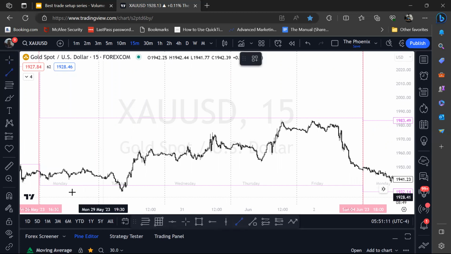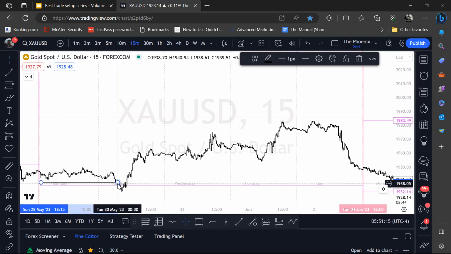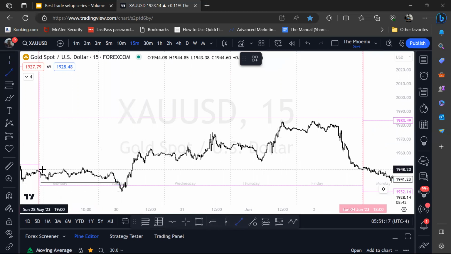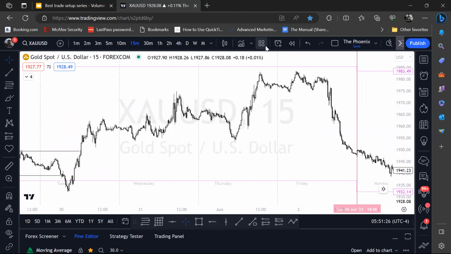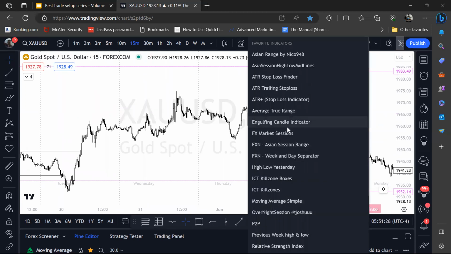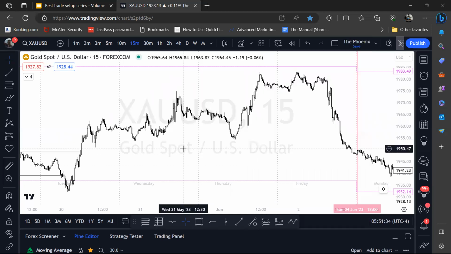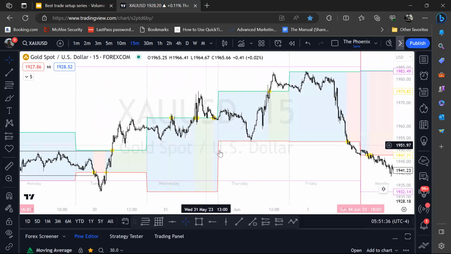So I'm just going to use some lines to show that. Won't be perfect, but let's see. All right, so what happens on Tuesday? Or I can simply add this indicator. Right, let me adjust this.